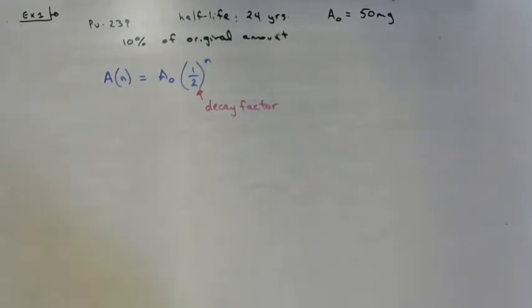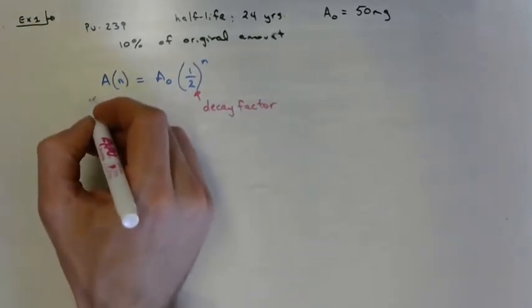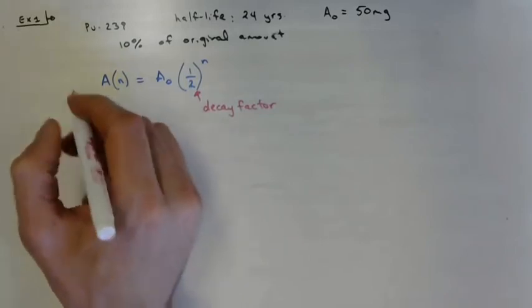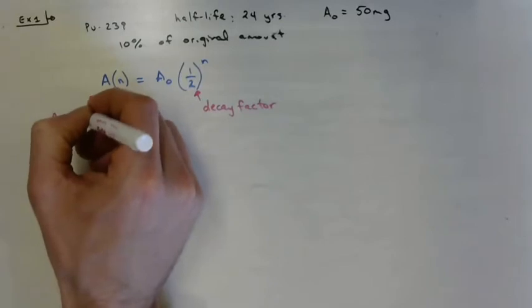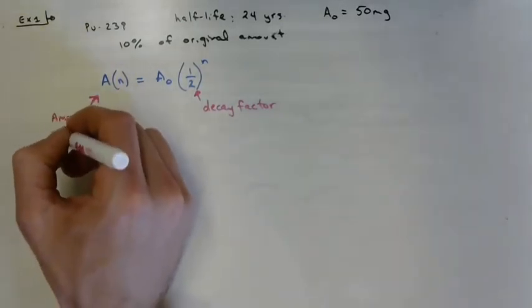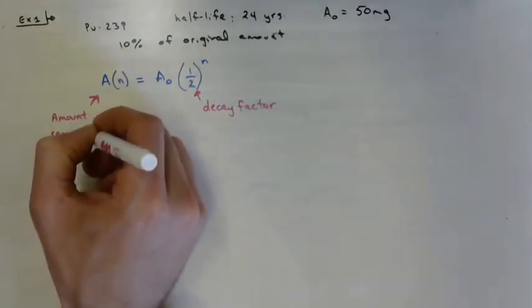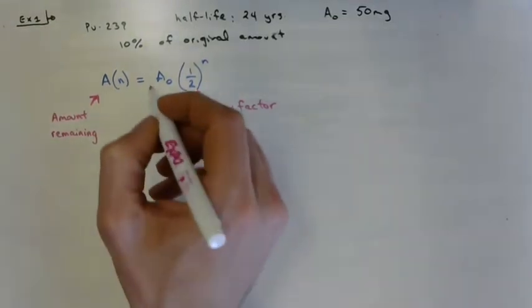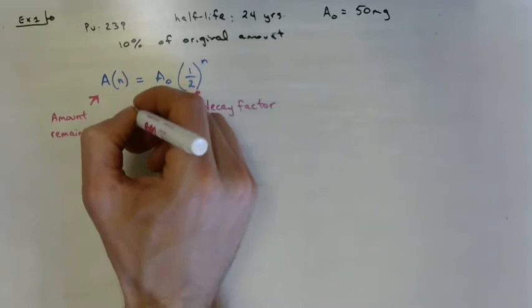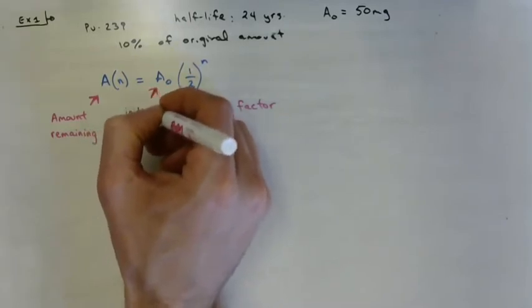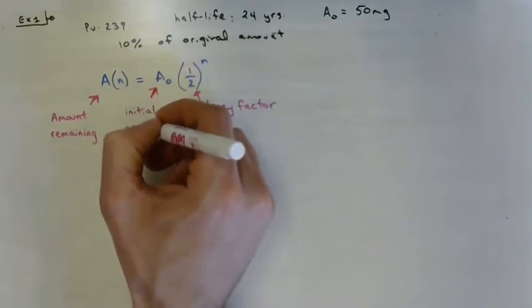It would be called a growth factor. This over here is normally just called the amount. For the sake of helping us out, I'm going to call it the amount remaining, so that you know it's not the amount that you're starting with. And this is called A naught, which is the initial amount. That's the amount that you're starting with.